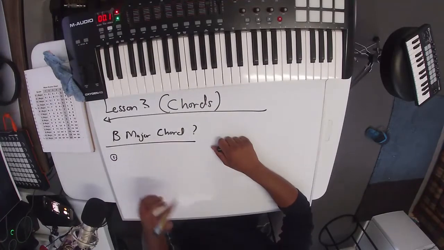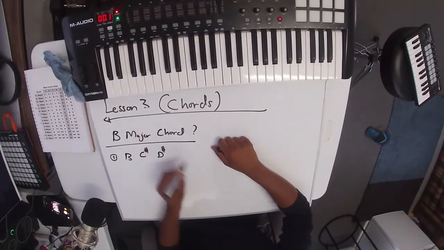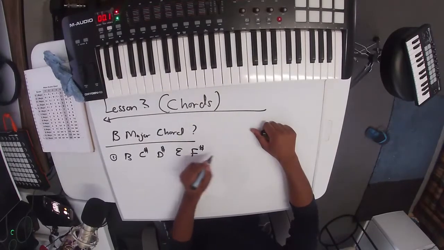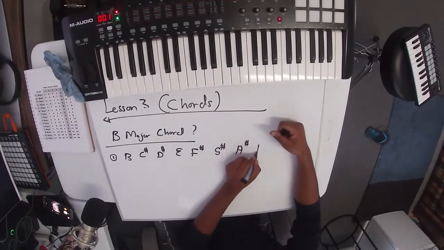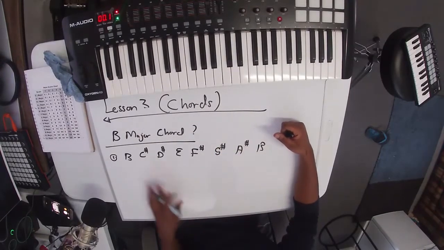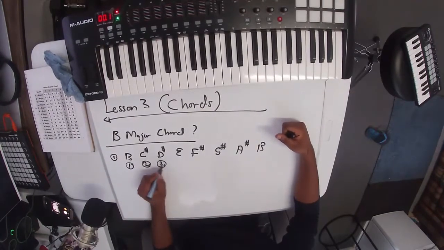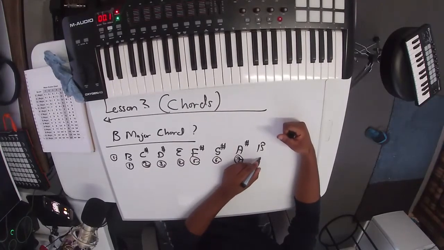Using tone, tone, semitone, tone, tone, tone, semitone, I've got B, C sharp, D sharp, E, F sharp, G sharp, A sharp, B. Each of these can be given a number: 1, 2, 3, 4, 5, 6, 7, 1.